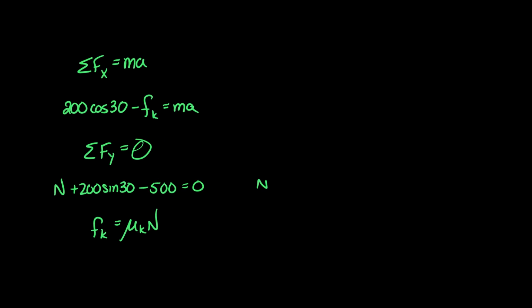Is the normal force going to be 500 minus 100, so 400 newtons? All right, well that means my frictional force is going to be 0.2 times 400. So I made the frictional force a lot smaller, didn't I? So is that 80?